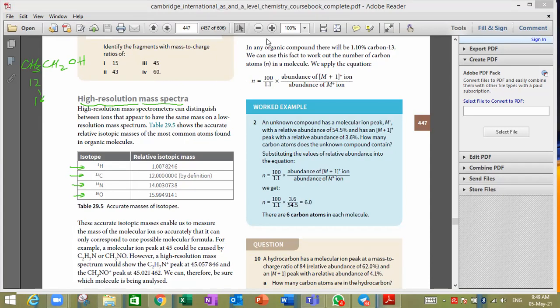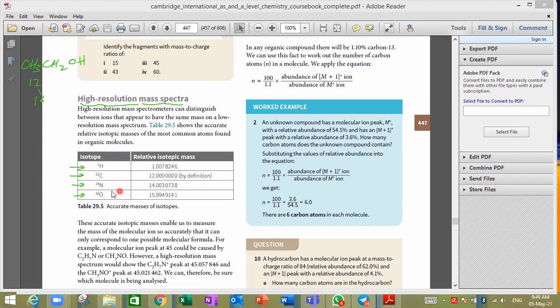For example, the relative isotopic mass of hydrogen is not 1. It is 1.00782446. So in the high resolution, we have to use this value.